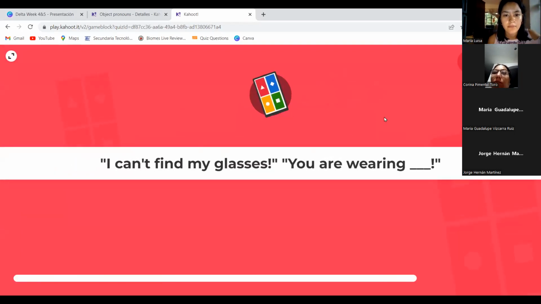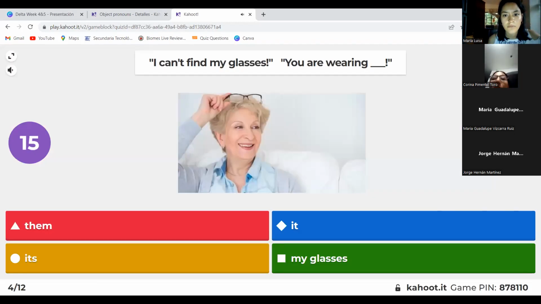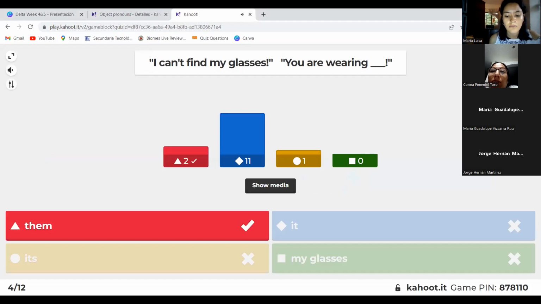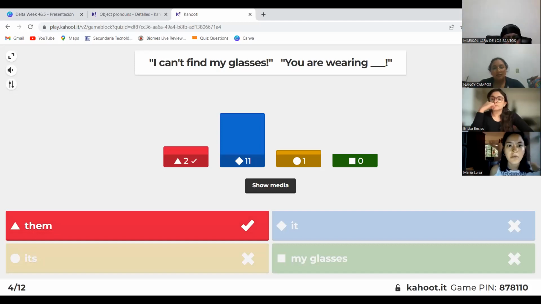I can't find my glasses. You're wearing your glasses. You're wearing them. ¿Por qué pusimos them en lugar de it si mis lentes son una cosa? Porque es plural, chicos.